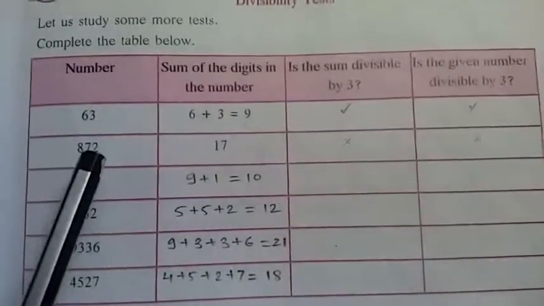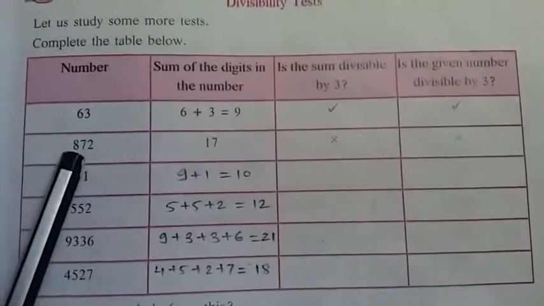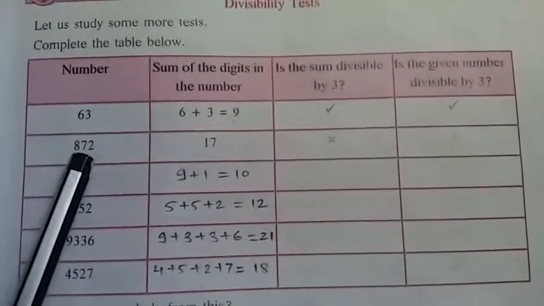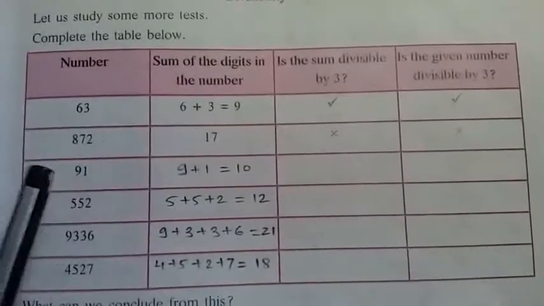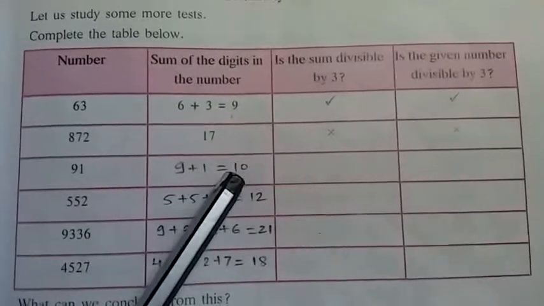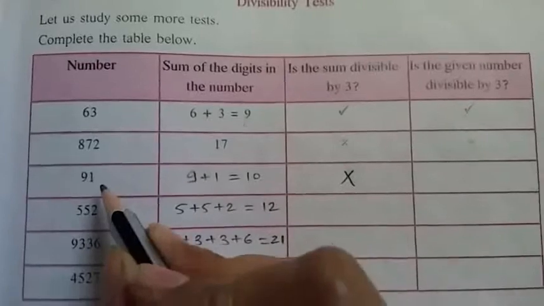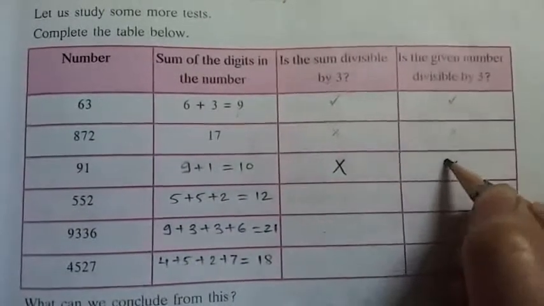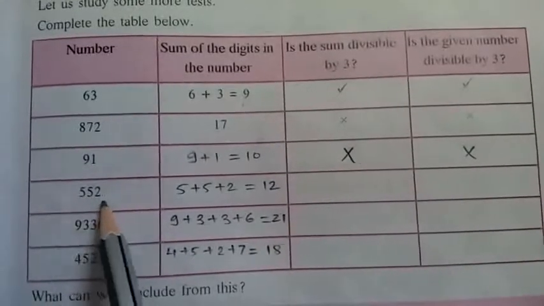Next column, is the given number divisible by 3? Means 872 is divisible by 3? No. Similarly for next number 91, 9 plus 1, 10. Now 10 is divisible by 3? No. 91 is divisible by 3? No. Next 552.